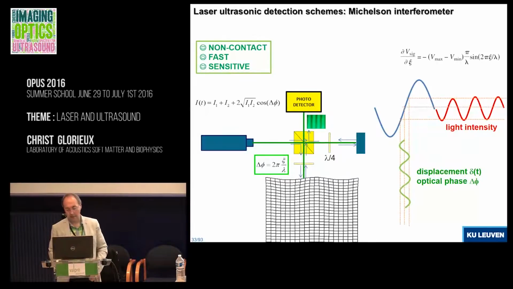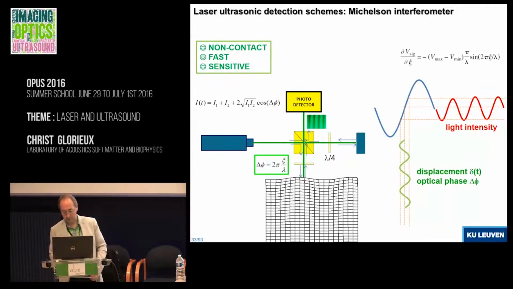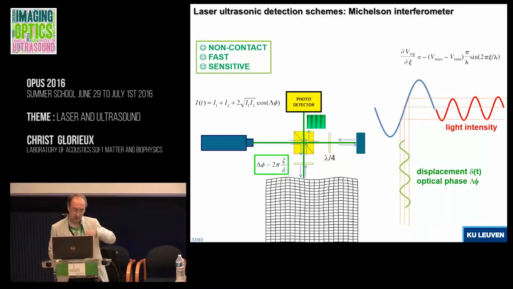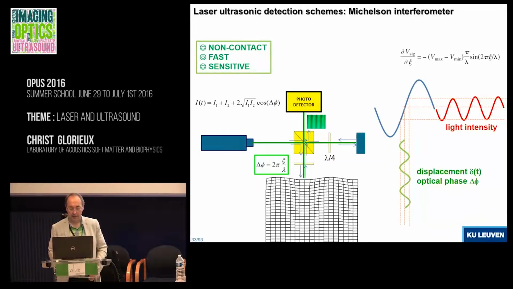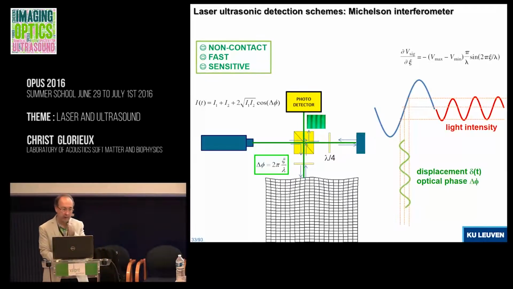In the graph here, you see what happens if you change the optical phase or the distance of one of the beams. What happens with the intensity of the interference pattern, which you can see here in green? It will move, because you will go, for example, from dark to light, or from a little bit light to more light, or from light to dark, depending on where you have started.